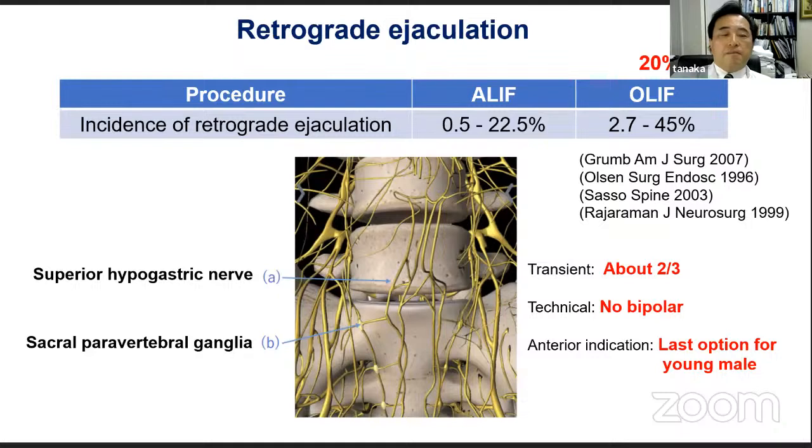So in my opinion, for younger males, OLIF or ALIF should be a last option. However, this retrograde ejaculation is transient in about two-thirds. And to prevent this, we shouldn't use bipolar or monopolar.